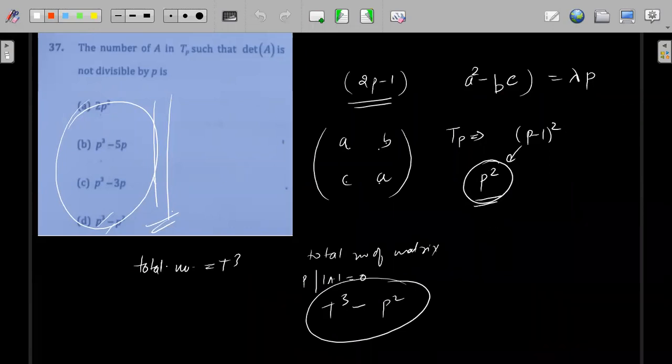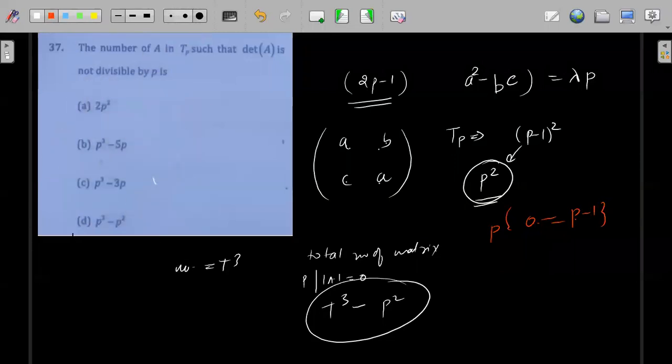Because now A can take P number of values from 0 to P minus 1. Okay, so just copy this one also.